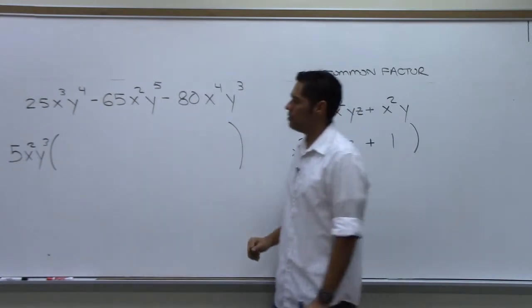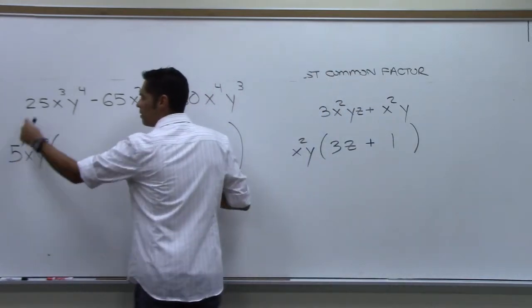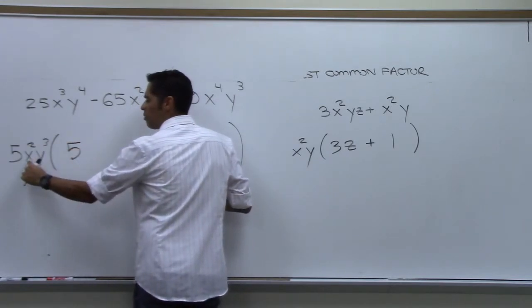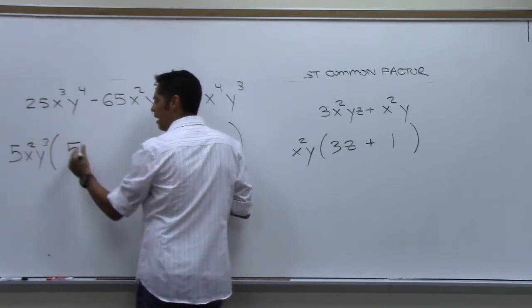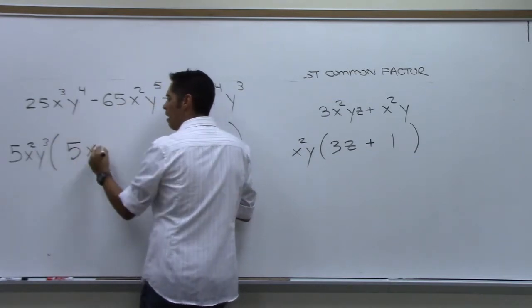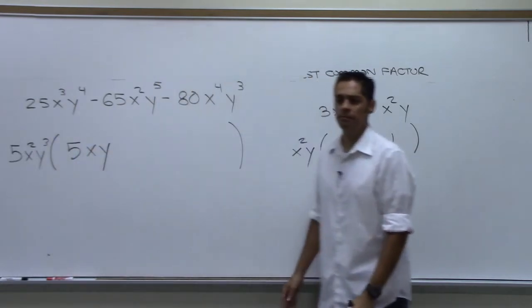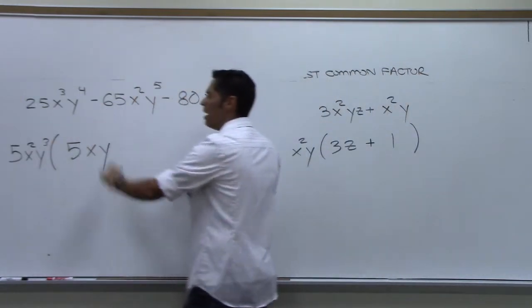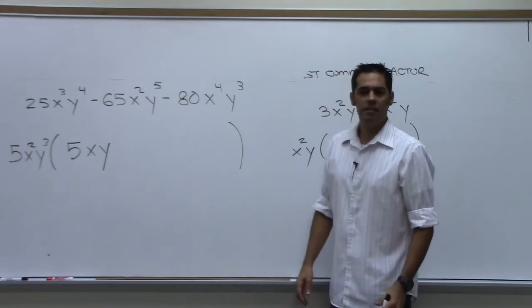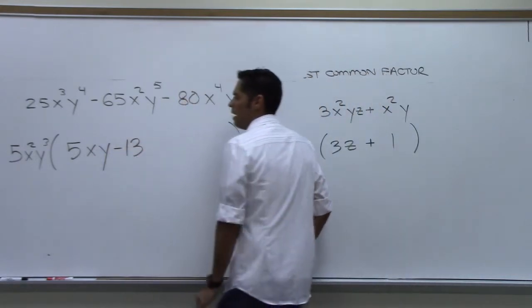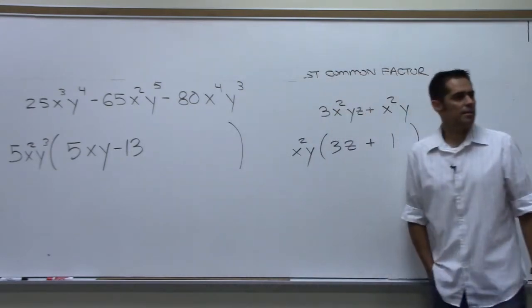All right, so think about, what do you multiply 5 by to get 25? 5. What would I need to multiply x squared by to get x cubed? X. What would I have to multiply y cubed by to get y to the fourth? Y. So that's my first term in there. Now, what do I have to multiply 5 by to get negative 65? 13, right? But I'll need it to be minus 13. How about x's? Do I need to multiply by any x's?